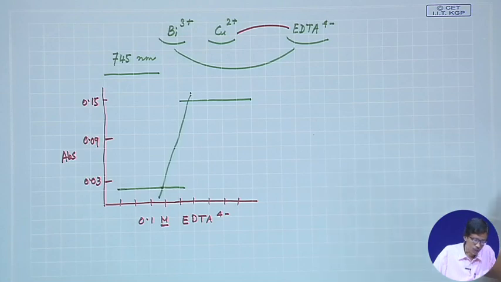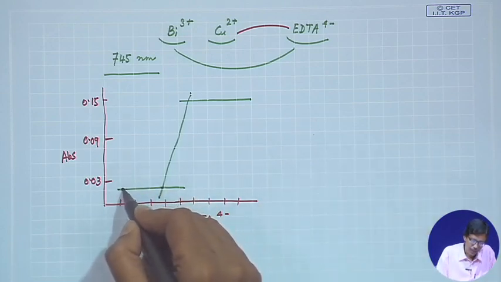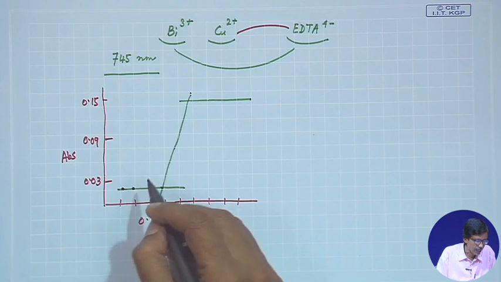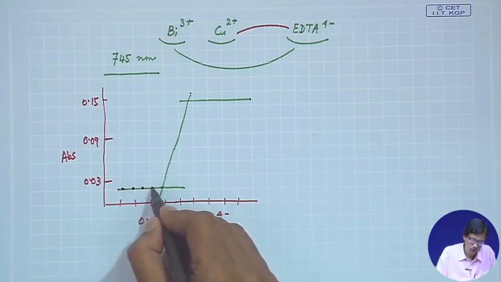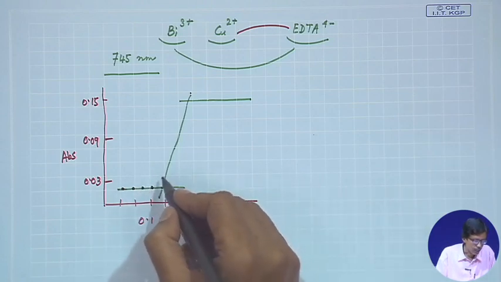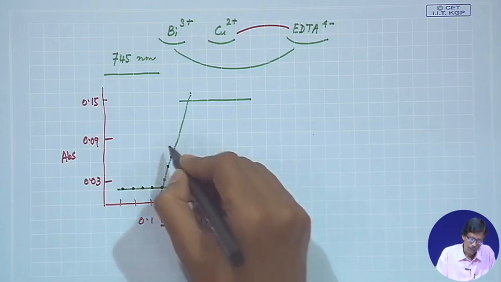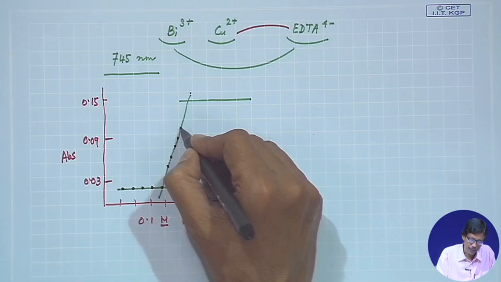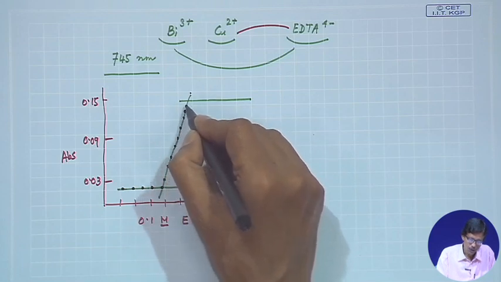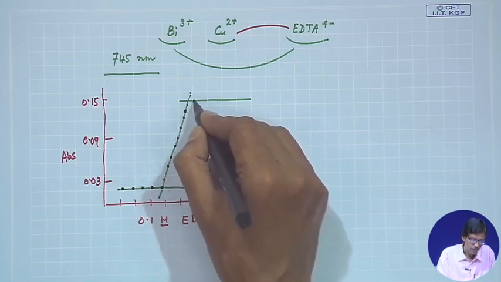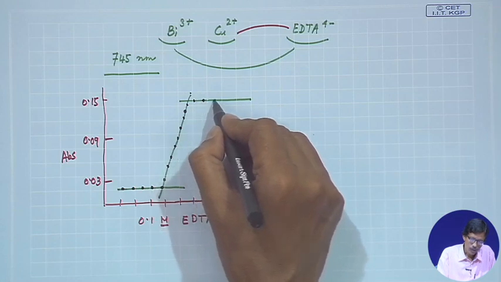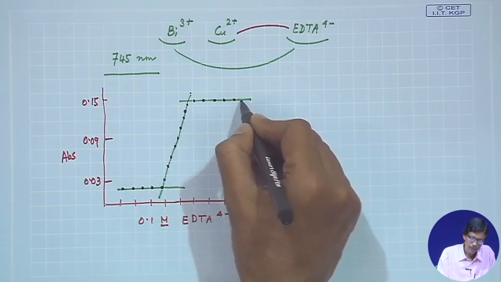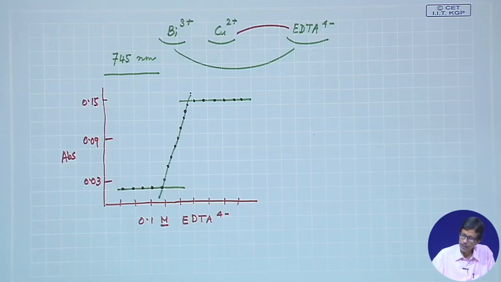After the incremental addition of volumes of EDTA, these are the corresponding points, so we get these points for the titration. When we plot these, we get this. So, how can we explain this particular plot?